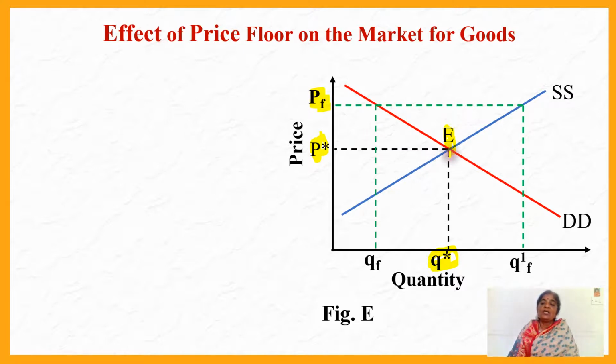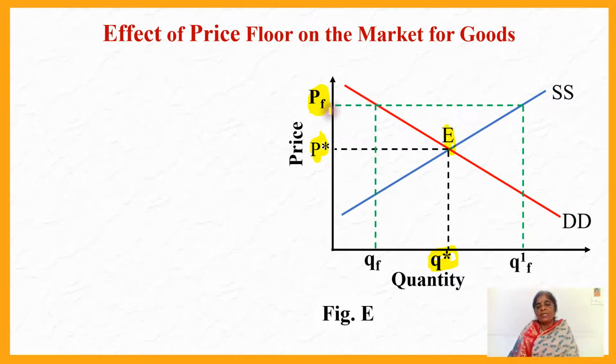It's always above the equilibrium price. We have seen the price ceiling is always below the market determined equilibrium price. Here the price floor is always determined above the market determined equilibrium price. Why? This is the minimum price for the agricultural products; anybody can pay not less than this fixed PF.